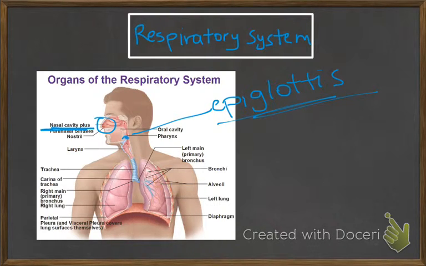So it would enable us to rotate between letting those two things in the body. So it would be kind of like a switch between the larynx and the esophagus. The larynx lets air in, the esophagus lets food into the body. So that's the epiglottis.